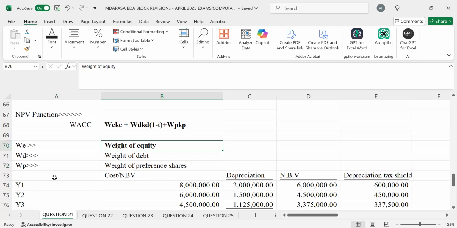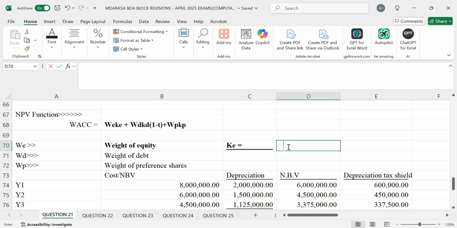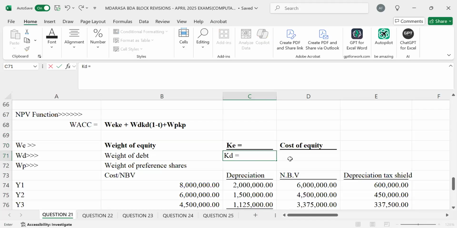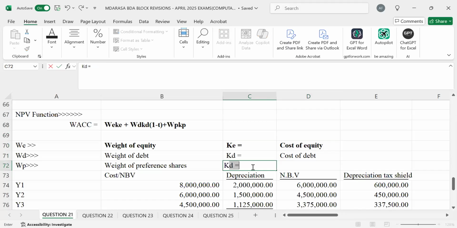Whereas KE simply entails the cost of equity, KD is the cost of debt, and KP gives us the cost of preference shares.